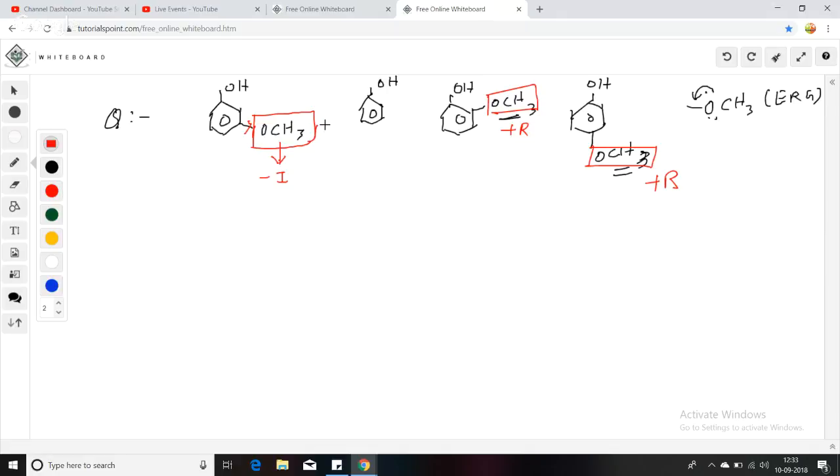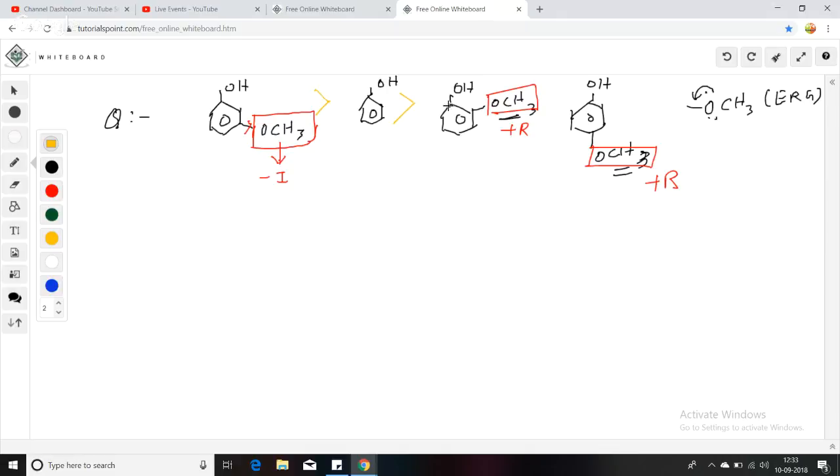Obviously the acidity of the meta OCH3 phenol is maximum because of minus I, and these two decrease acidity. Then second we have OH, and the tendency to decrease the acidity of the ortho position is less than that of the para position.